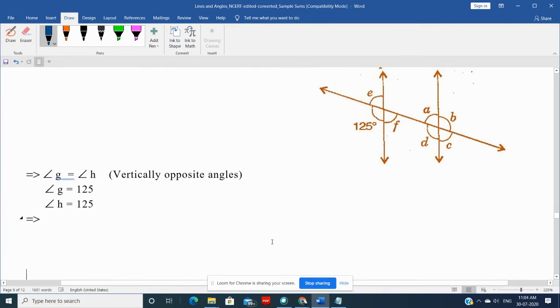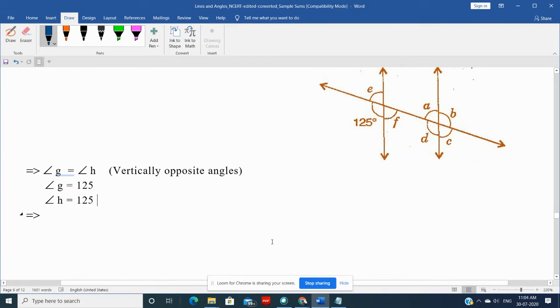Angle E plus angle F, that's what we will mention. Now in this, angle E plus angle F, they are 180. The reason is linear pair. You have to write reason also. So angle E plus angle F.